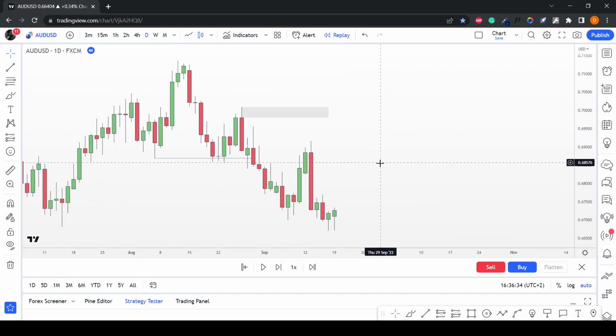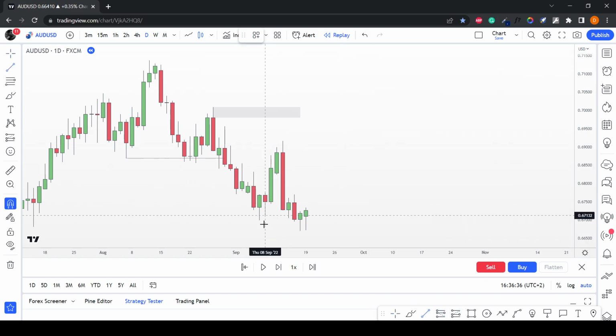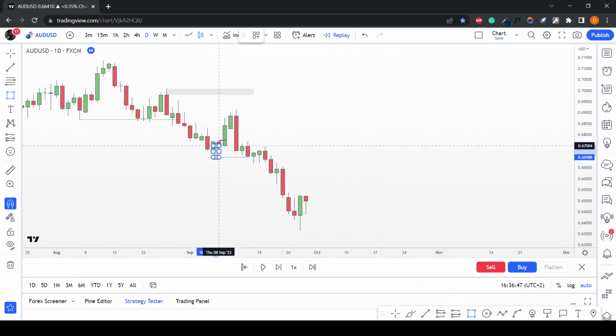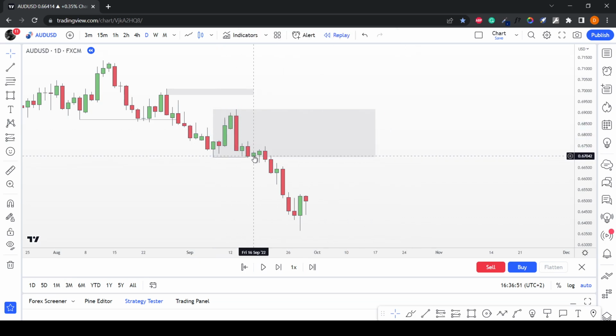So yeah, it seems like the range is working out, but the zones are not mitigated there. So in this range, we can say that this is the bigger zone, and this bigger zone itself is mitigated, but higher candles have this imbalance, as you can see.